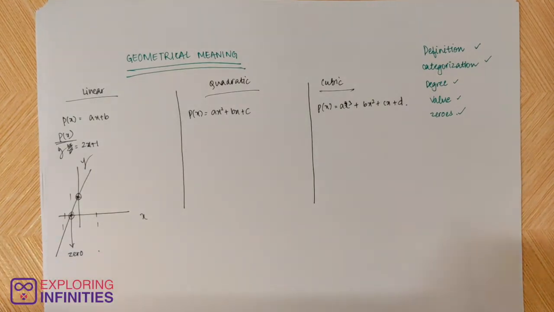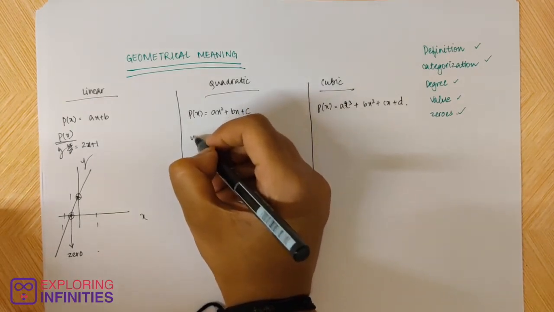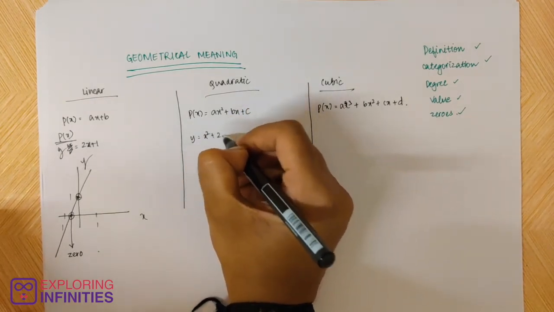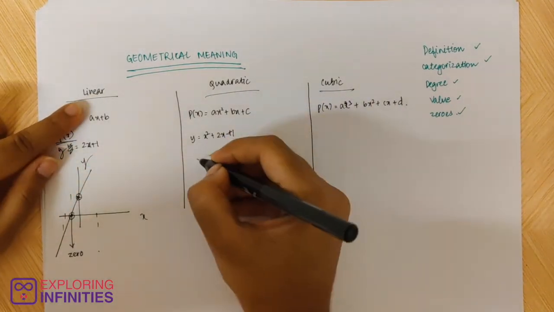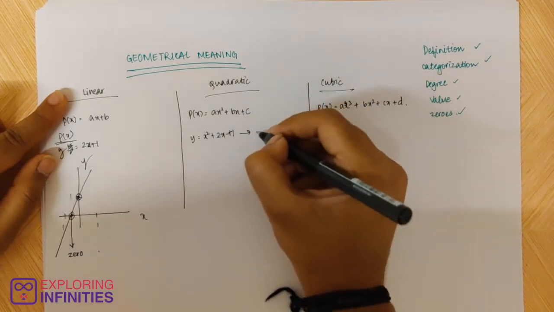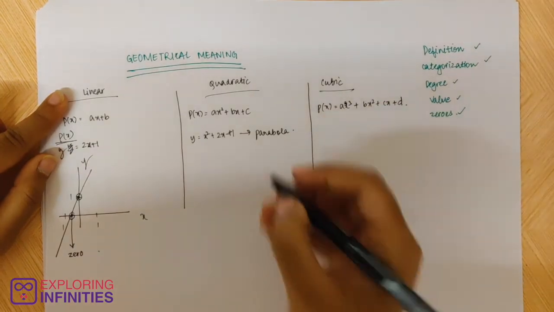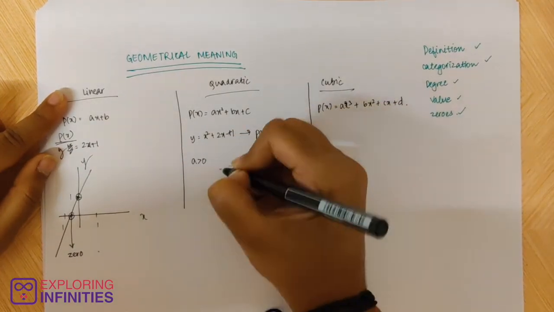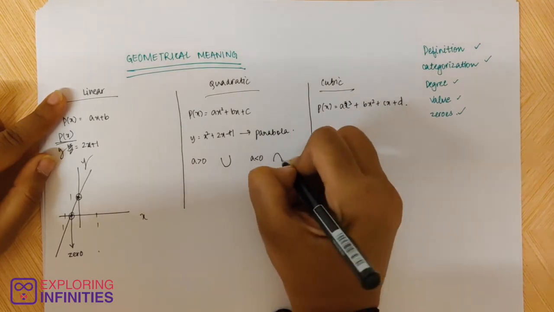So let's take another example for a quadratic equation. y is equal to x square plus 2x plus 1. One thing to remember is this is a parabola, and if a is greater than 0, our parabola will face upwards. If a is less than 0, our parabola will face downwards.